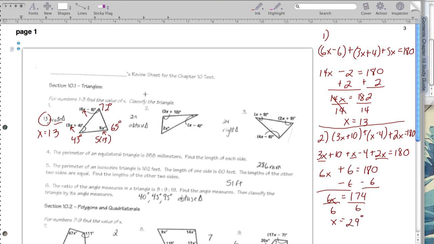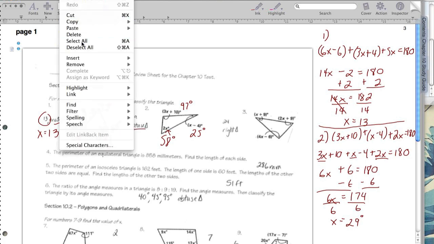So x is 29 degrees, and just like we did before, I have to substitute 29 in for x to find out what each of these angles are. So 2 times 29 is going to give me 58 degrees. 29 minus 4 is going to give me 25 degrees. And 3 times 29 plus 10 is going to give me 97 degrees. We have one that's greater than 90. That means it is an obtuse triangle.